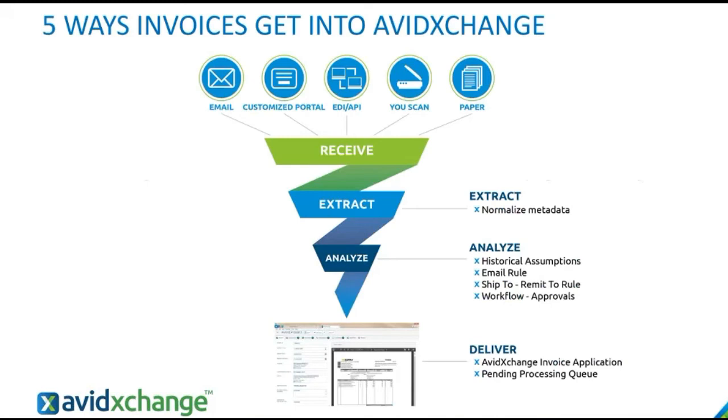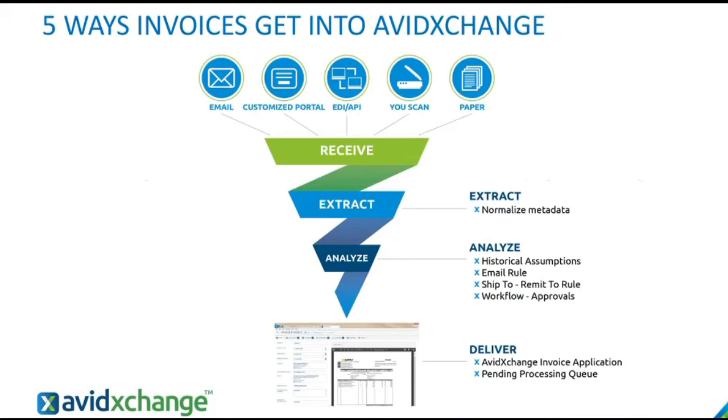Sure. So what you see here are how invoices get into the AvidXchange platform. So a variety of methods that you see at the top: email, paper, UScan, EDI, API, and a customized portal. Regardless of that method, it's all going to be funneled into one location, and that's your AvidXchange portal. From there, ideally, we're receiving those directly from your vendors.